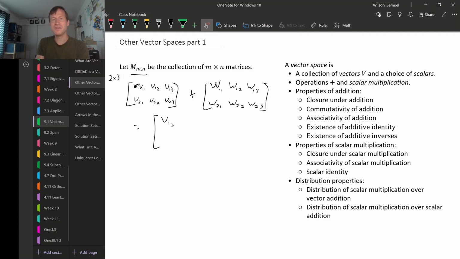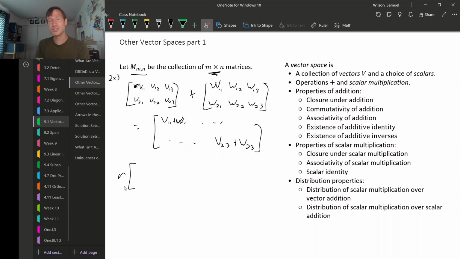So this is going to be V11 plus W11, and so on, all the way down to V23 plus W23. Clearly, this is inspired by the vector operations on Rn, where you add corresponding entries. It's the same thing here. We just have to make sure that our matrices are the same size so that there are always corresponding entries to add together.